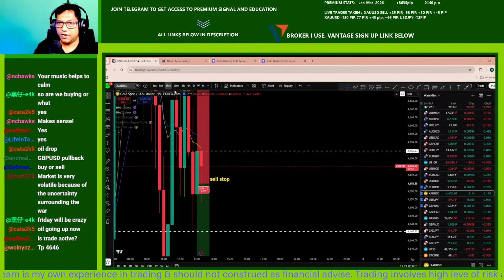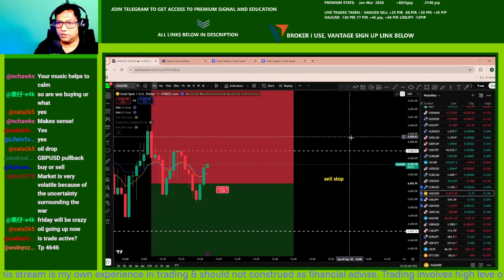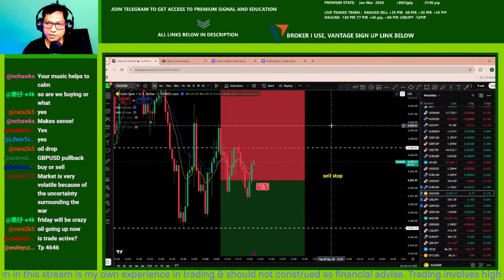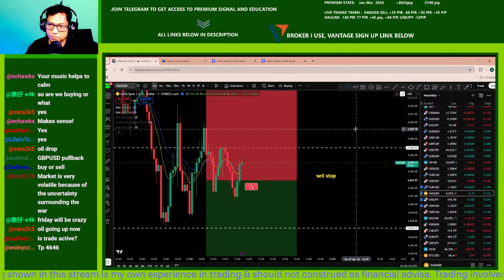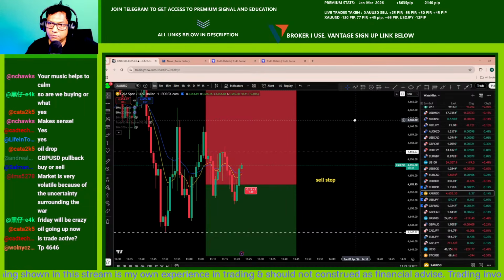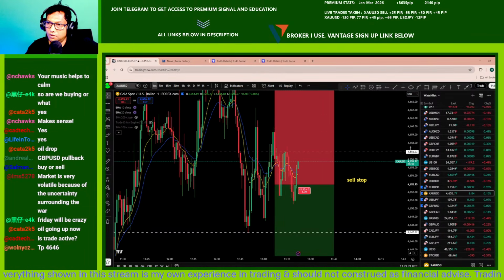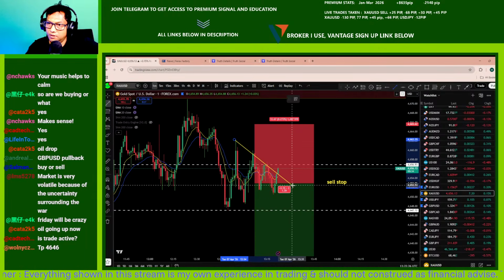It's a bounce back up here, and that is key to see the price action in that area. Sometimes this kind of price action happens.